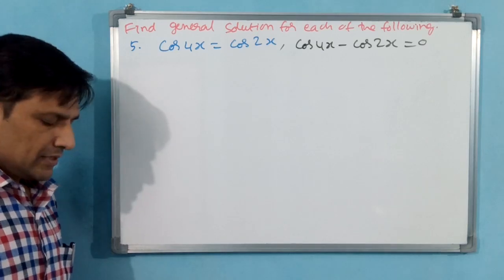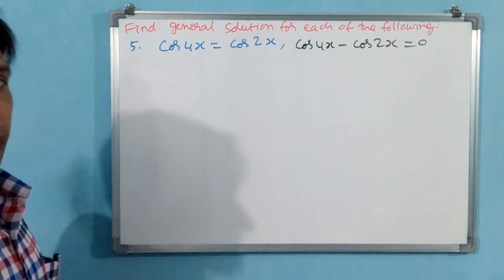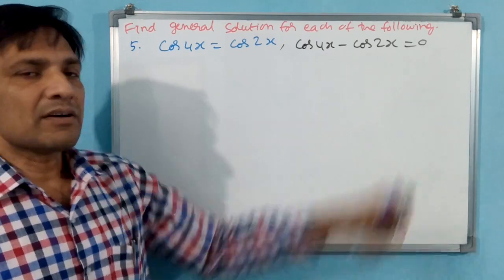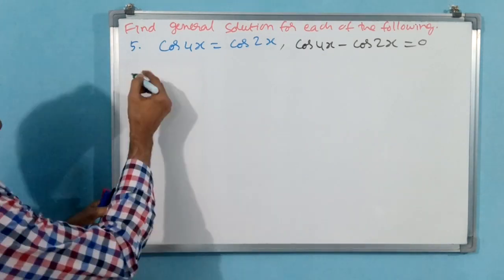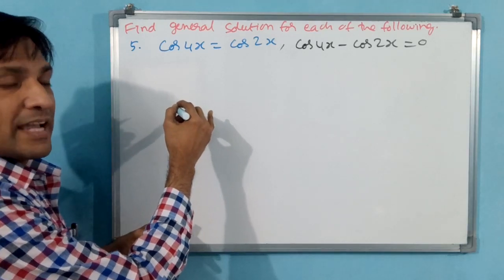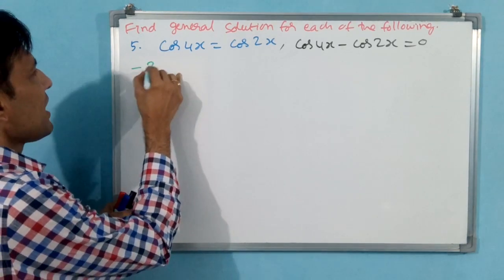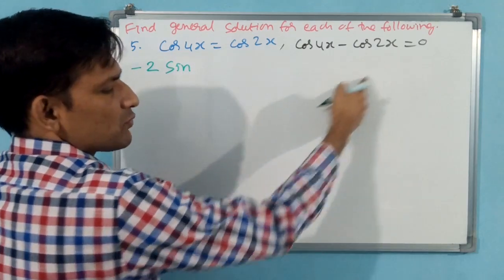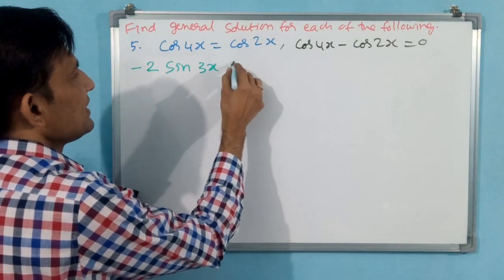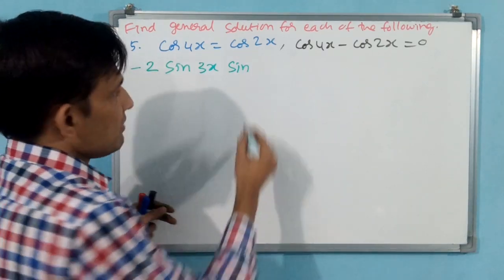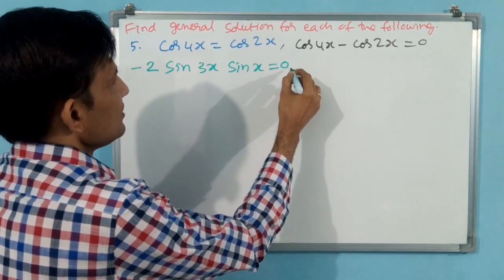Then again I convert it. This is like cos a plus b minus cos a minus b, that is minus 2 sin a plus b by 2 sin a minus b by 2. So minus 2 sin of 4x plus 2x, 6x by 2, 3x, sin of 4x minus 2x, 2x by 2, x, is equal to 0.